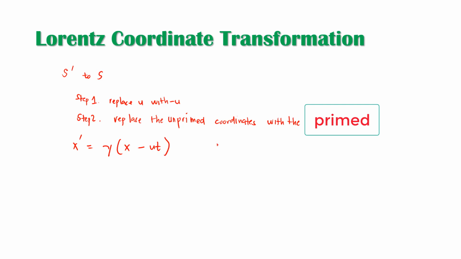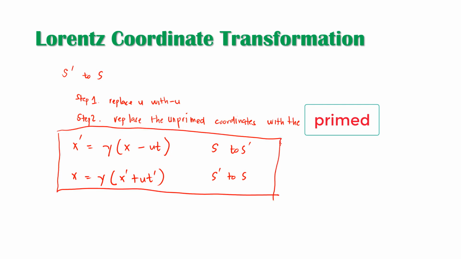So this is from S to S prime. So to get S prime to S, we have x is equal to gamma multiplied by x prime plus u multiplied by t prime. Okay, so this is the coordinate transformation along the x relating S prime to S.